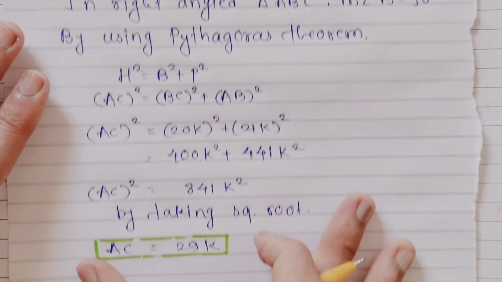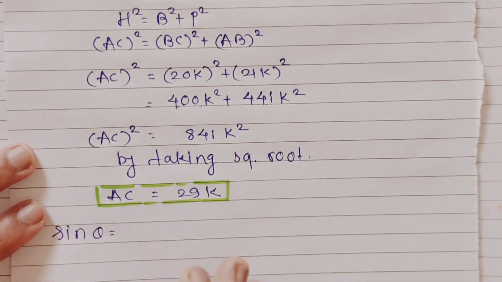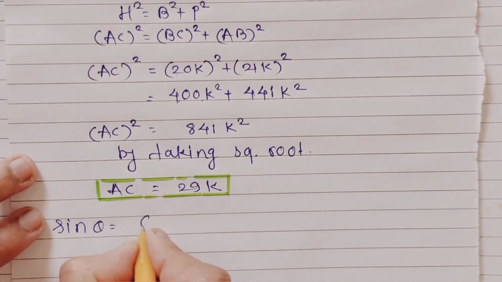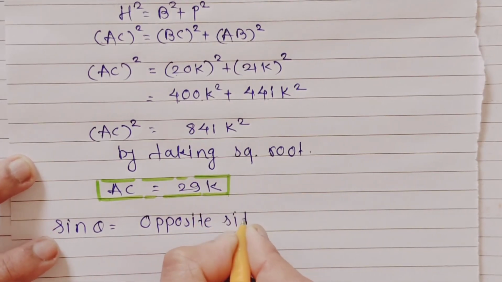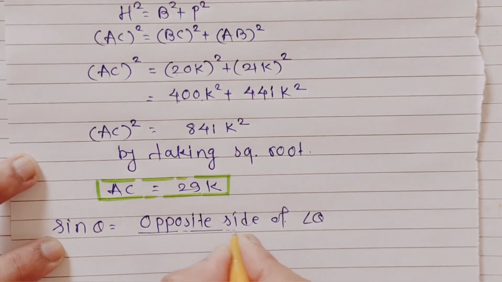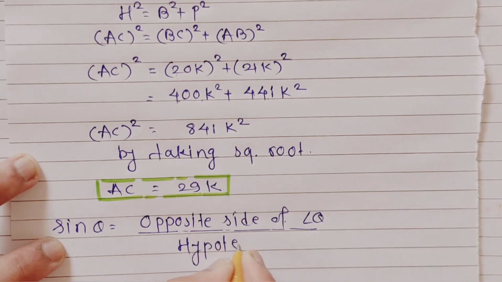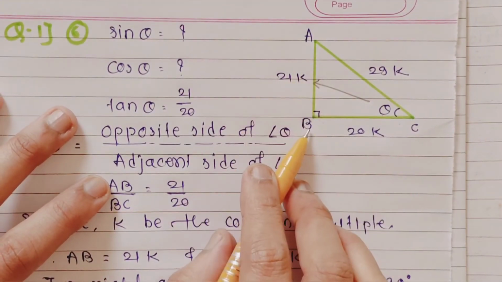Then we have to find out sin theta. Sin theta, we know the ratio. It is opposite side of angle theta upon hypotenuse. So opposite side for angle theta, that means it is nothing but AB, and hypotenuse, that means AC.